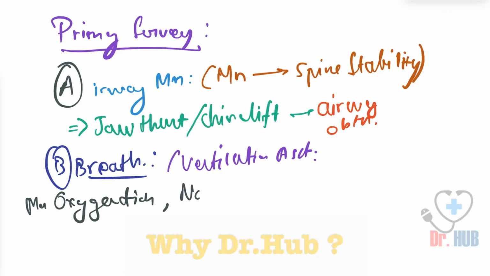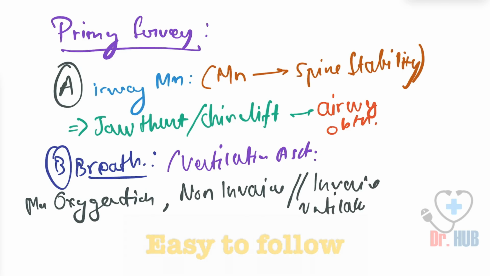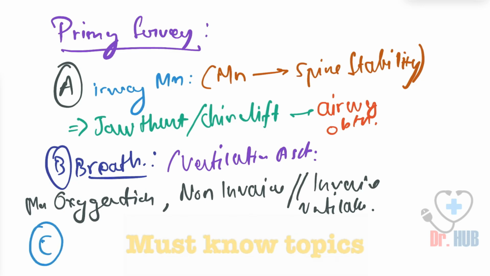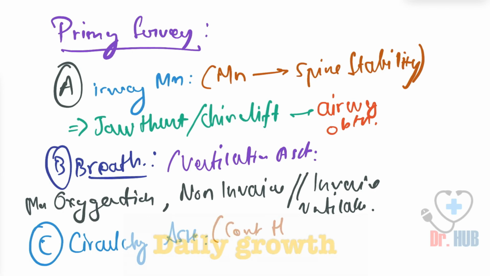Next, we do the circulatory assessment. In the circulatory assessment, we control the hemorrhage, and we also maintain the volume.